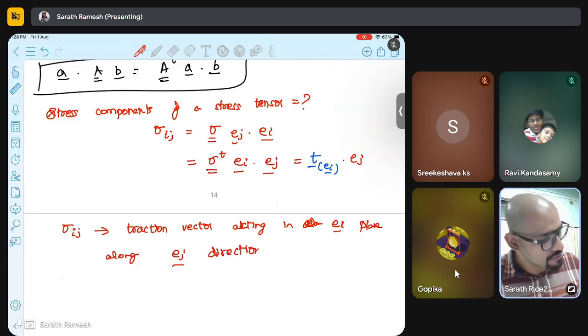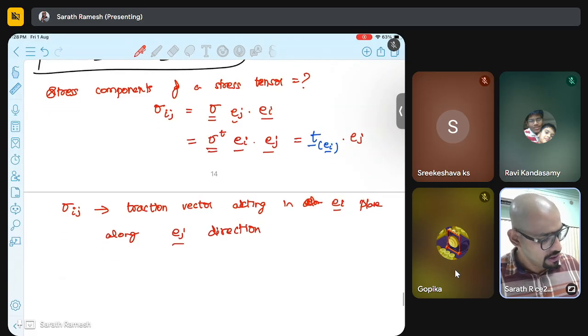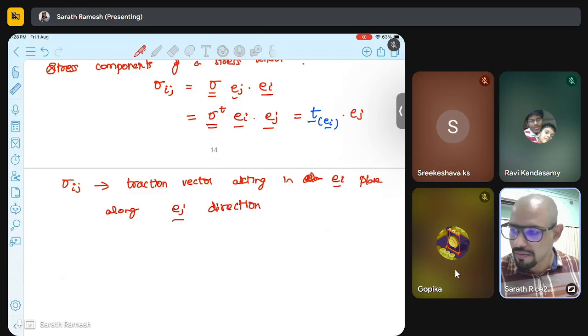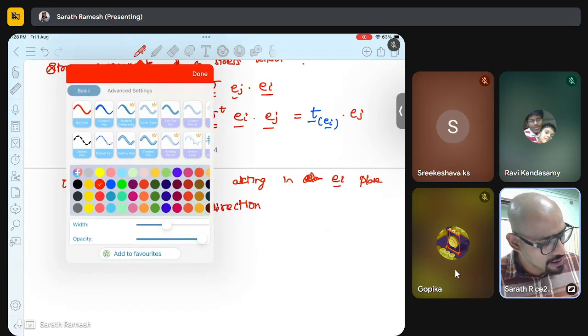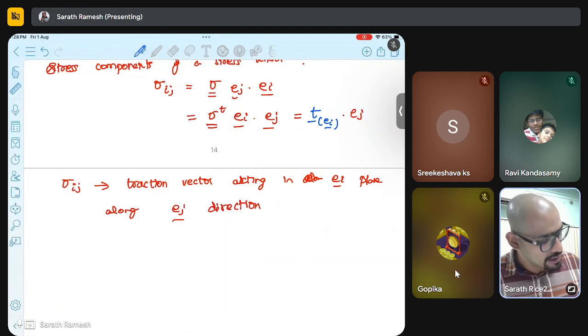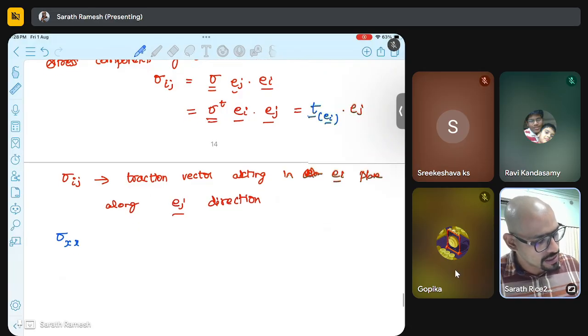This is the meaning of sigma ij. Suppose let's fix x, y, z. If I am asking about sigma xx, what is the meaning of sigma xx?